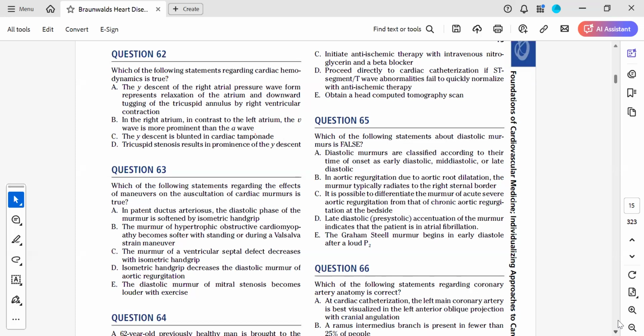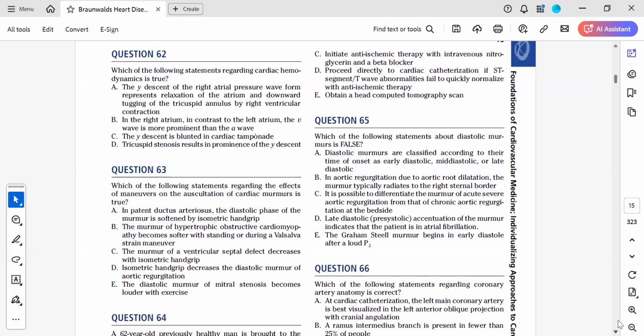This gives some space for the atrium to relax more. As the atrium relaxes, the pressure drops, but it's not as significant.